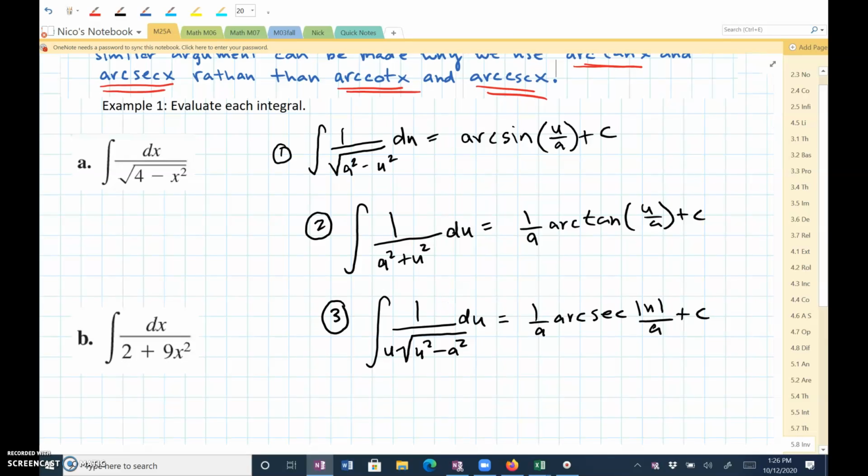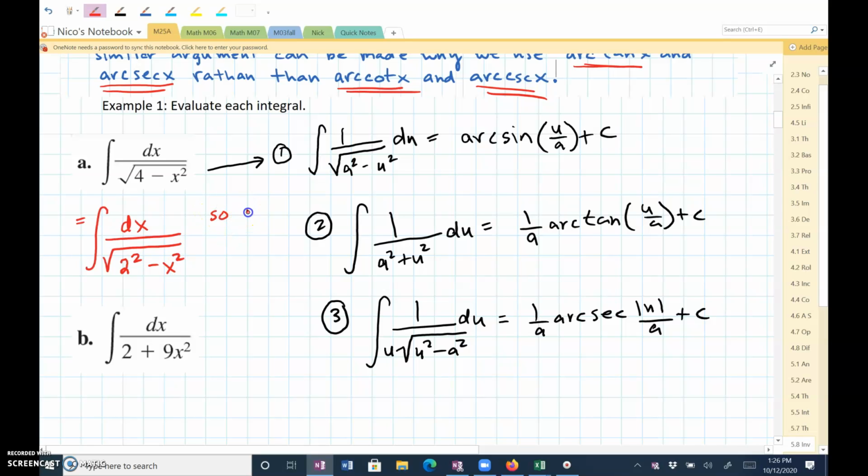So first of all, does it look like one of these? A looks like number 1. Let's look at this as being dx all over the square root of 2 squared minus x squared.